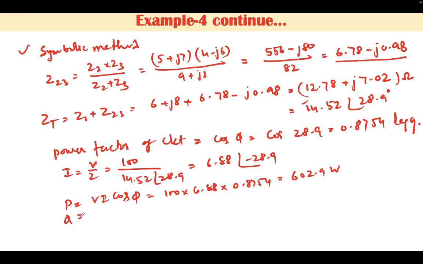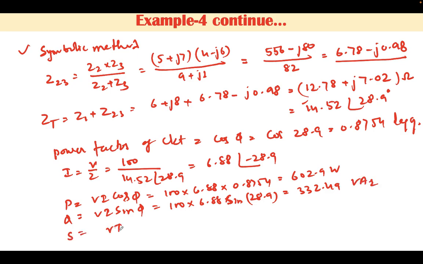Similarly, we can calculate Q. Q is equal to VI sin phi, that is equal to 100 into 6.88, and sin of 28.9 is equal to 332.49 VAR, and S is equal to V into I, that is 100 into 6.88, which is equal to 688 VA, whereas power factor is given by 0.8754. These are the answers.